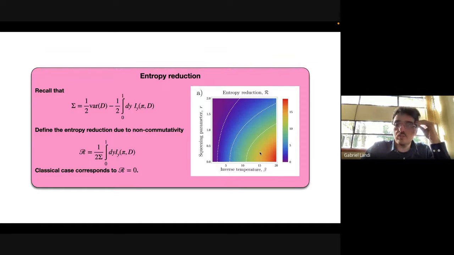And this is a plot showing how it behaves. You see that at very cold temperatures, there is a very, very significant reduction, and at high temperatures, it's much less. And so this is the typical behavior of how the entropy production is changed due to quantum coherence.